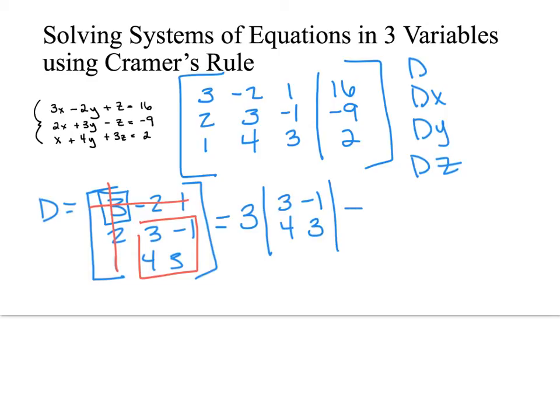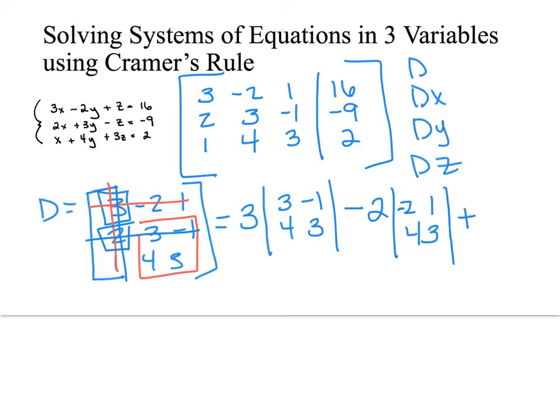Then we're going to subtract A2, which is here, and its minor, which is going to be this row and this row gone, so we'll be left with 2, 1, 4, and 3, and that's a -2, so make sure that you're careful when you transcribe that you include any signs.